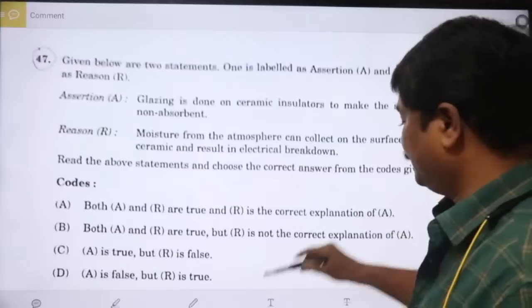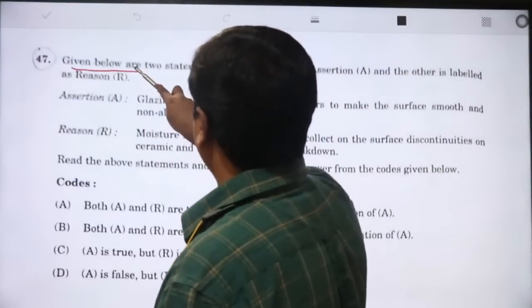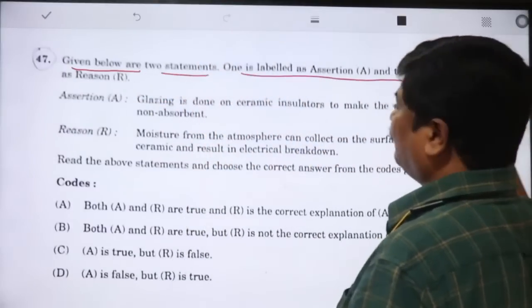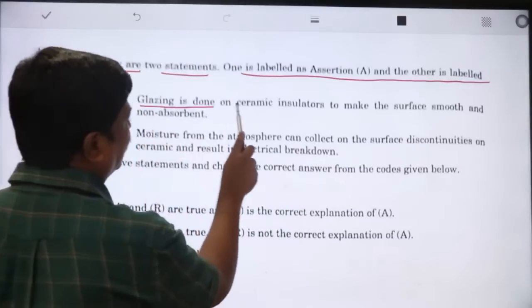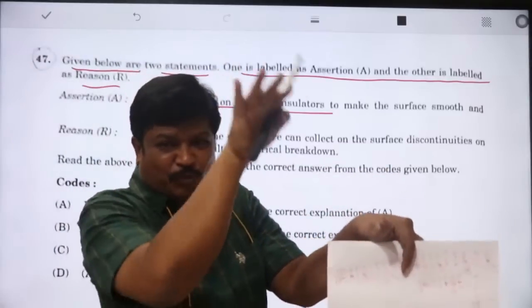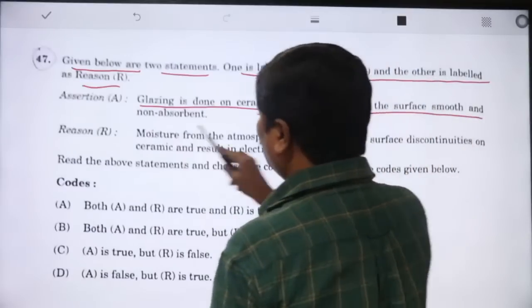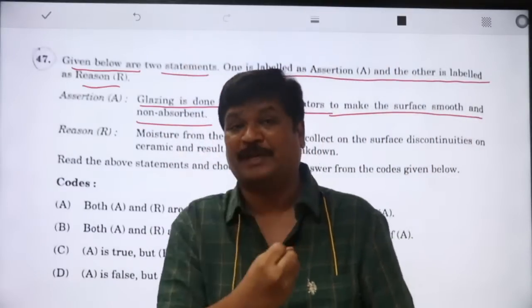See here, this is the question. Given below are two statements, one labeled assertion and the other labeled reason. Assertion: glazing is done on the ceramic insulator. In the ceramic insulator, a smooth glazing is done to make the surface smooth and non-absorbent, non-hygroscopic.